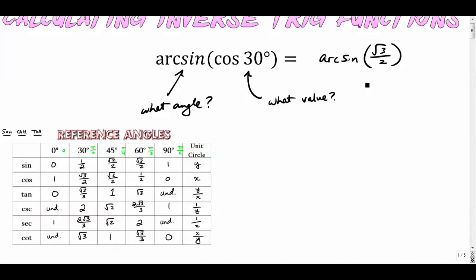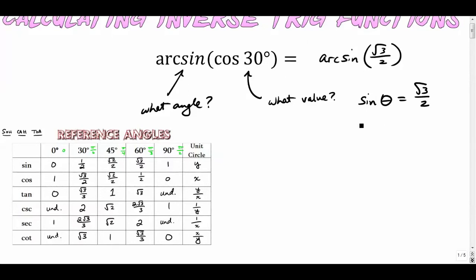Alright, and the next question is, what angle is the sine radical 3 over 2? So the sine of some angle is radical 3 over 2. I want to know what that angle is. Now obviously there are an infinite number of answers to this, but let's go through the path of least resistance.